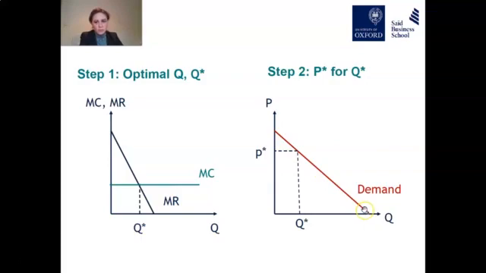Because the demand function, remember, tells you how much you can sell at any given price point. So you say, well, this is my target Q star, my quantity level. If this is what I want to sell, how much should I charge? So then you look at the price point that it corresponds to on the demand function. If you charge P star, then you will be able to sell Q star. So P star and Q star, this is step number 2. That combination gives you your optimal profit maximization.